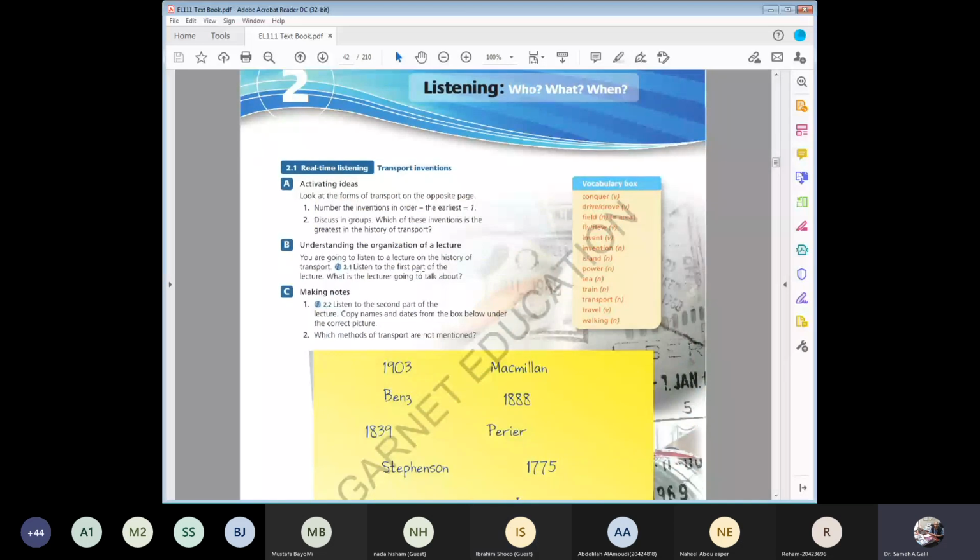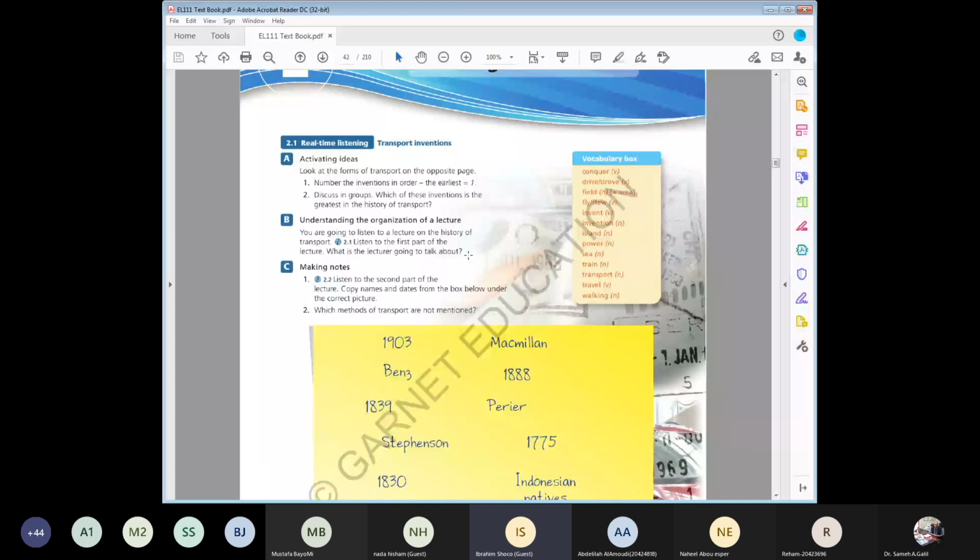Okay, quickly. The bicycle is the slowest one of them. The bicycle is the slowest of the transport forms. Yes, that's good.